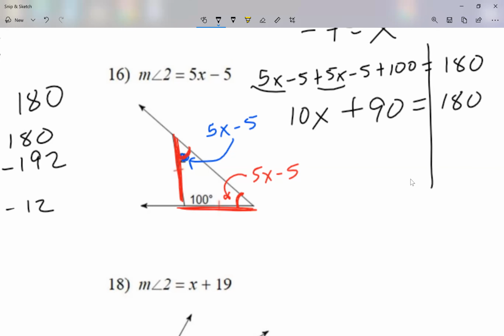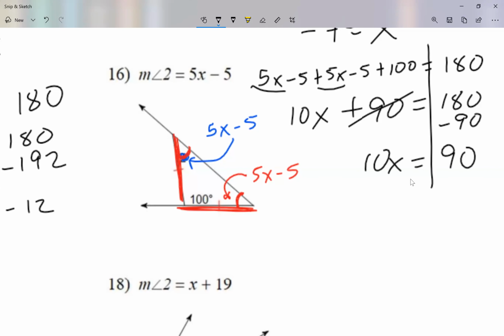Again, on the left side, I just combine my like terms. I want the term with the x by itself. I want 10x by itself. So this plus 90, let me move it over as a minus 90. So I have that 10x is equal to 180 minus 90. That's 90.